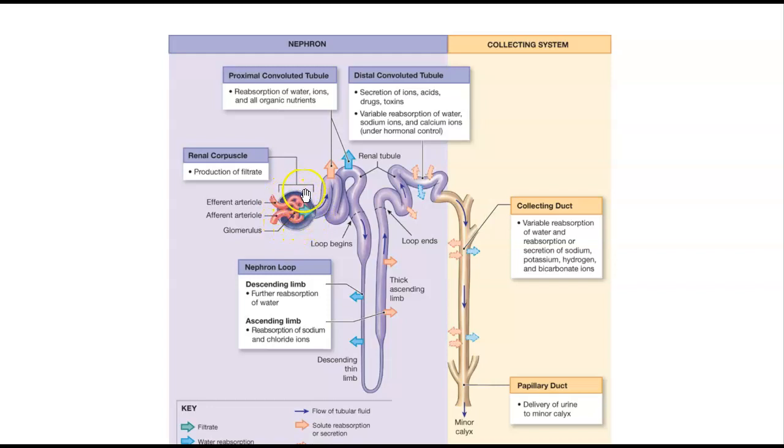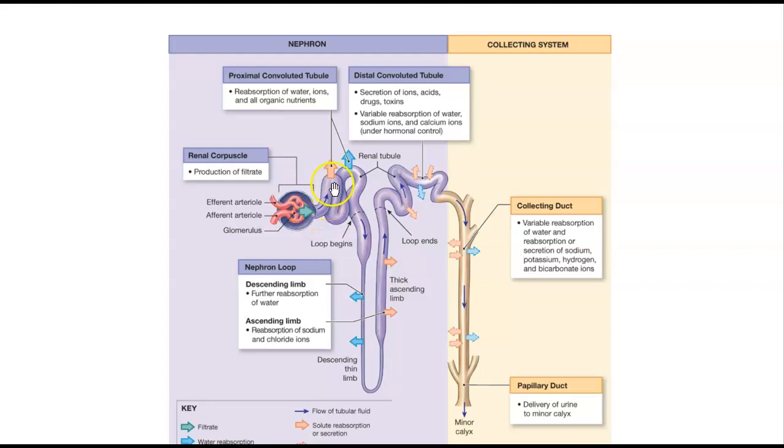So it's the glomerular capsule as well as the glomerulus that forms the renal corpuscle, and that is the beginning portion of every nephron. You can also see here the afferent arteriole branches into the glomerular capillaries, and then the efferent arteriole takes blood away. All of the blood in this glomerulus is filtered and collects in this cup called the glomerular capsule. And then it's called filtrate. It's not called urine yet.